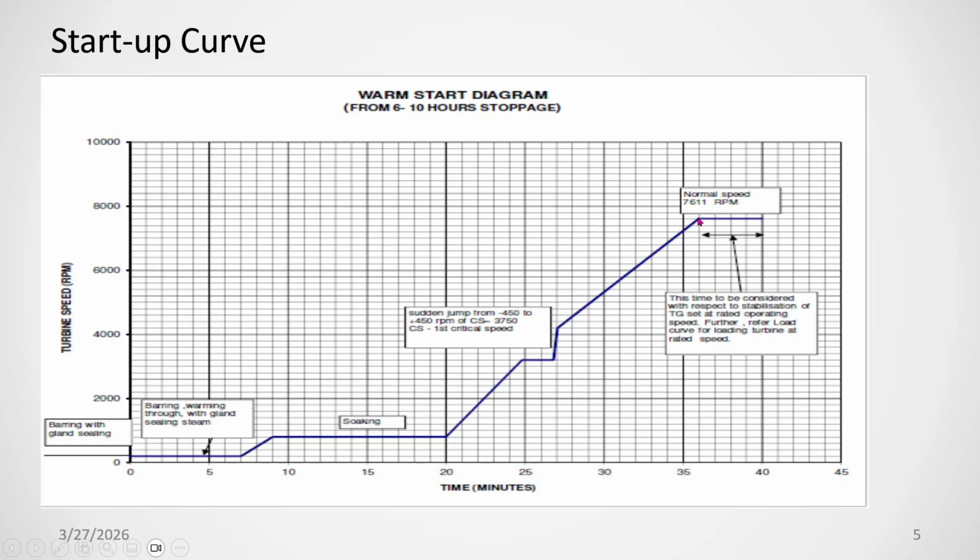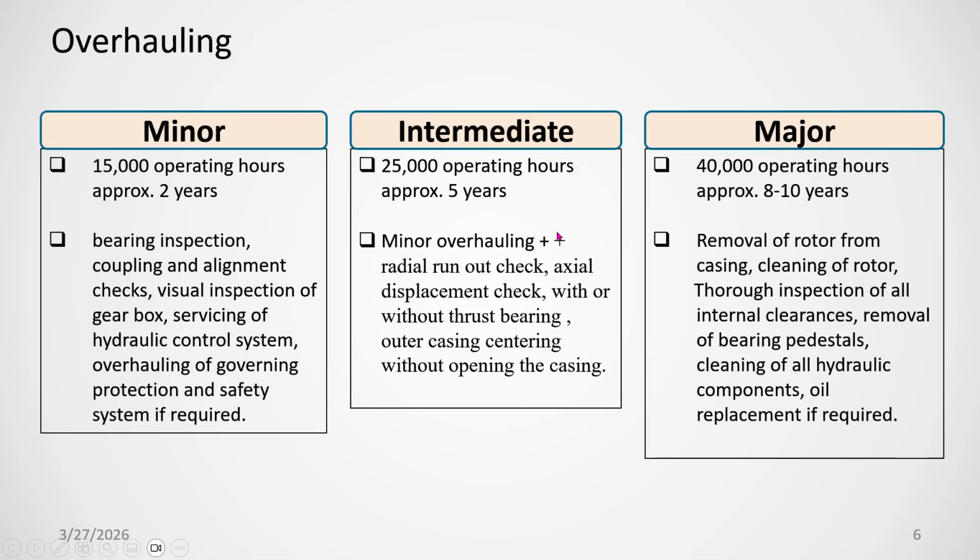Do all the parameter checking, and then you can load the turbine with the downstream equipment. There should not be any problem, because during a hot startup both rotor and casing are in hot condition, so there is no question of axial gap differences.